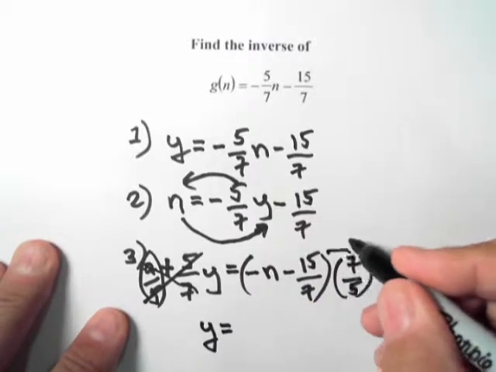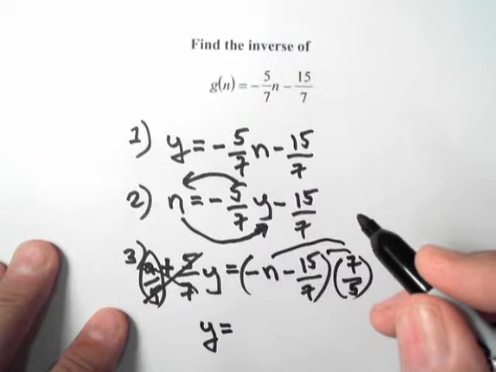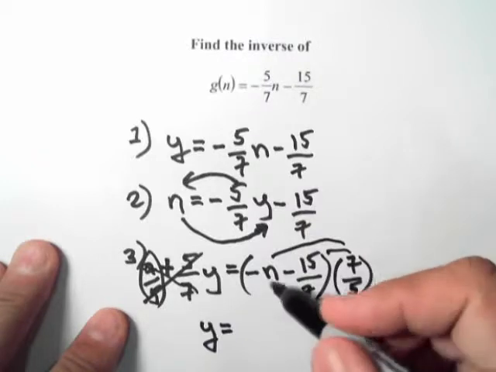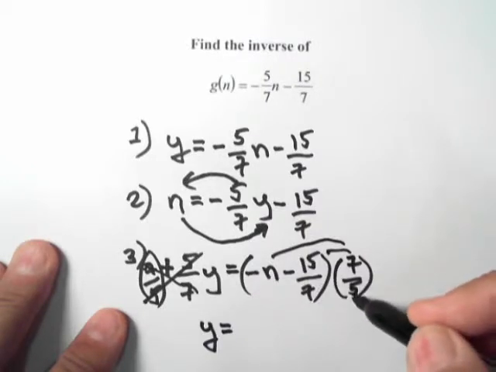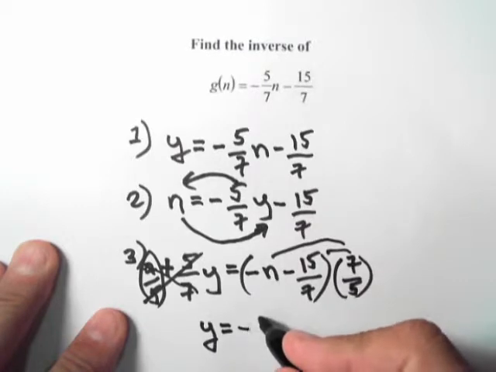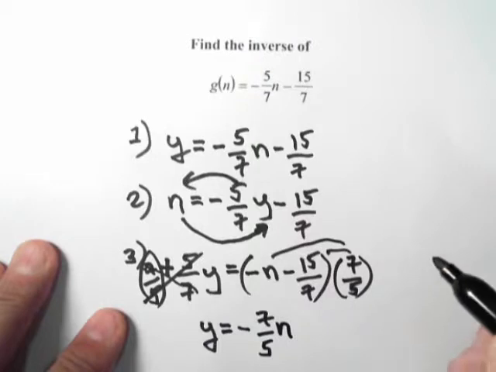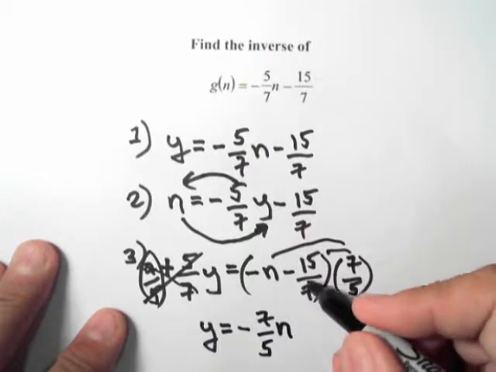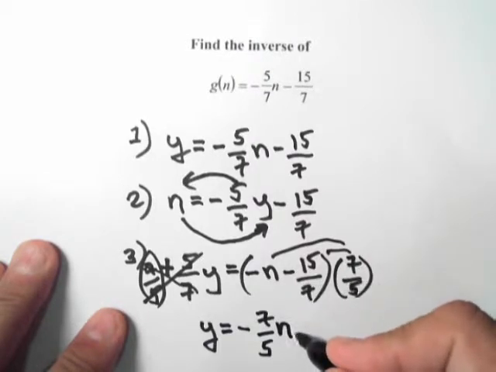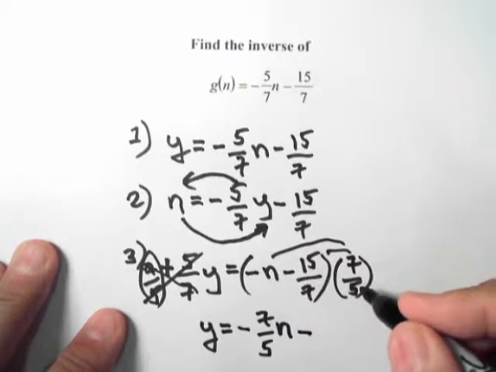Now, distribute this in, so I've got negative 7/5 times n, and then let's see, we're going to have negative. There's only one minus sign here.